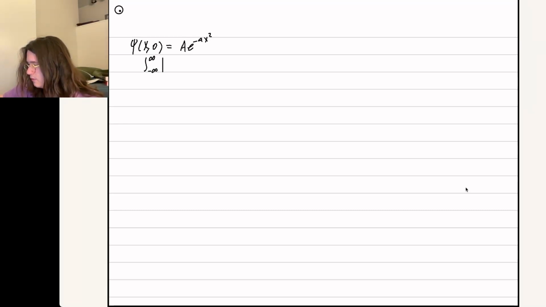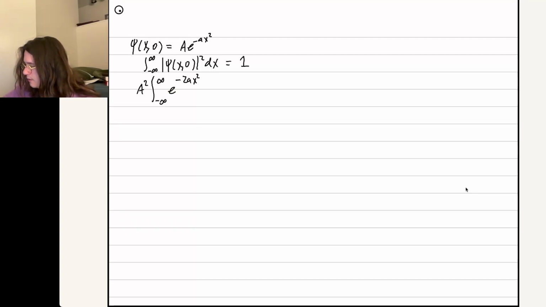We have to take the integral of the square modulus of the time-independent wave function over space and set that equal to 1 to normalize it. So we got A squared times the integral from minus infinity to infinity of e to the minus 2ax squared dx is equal to 1.